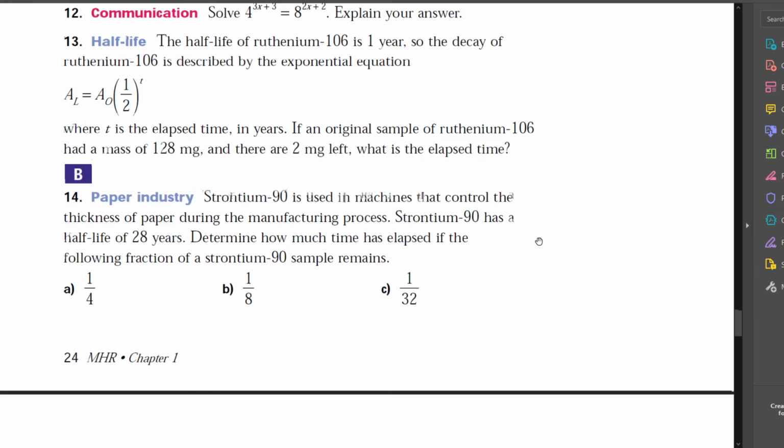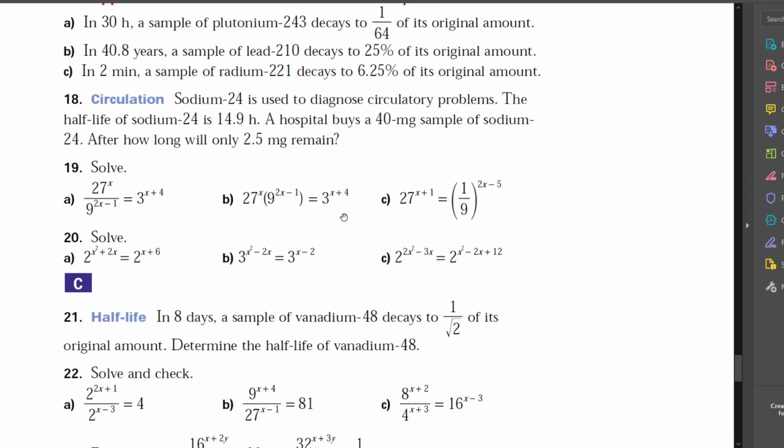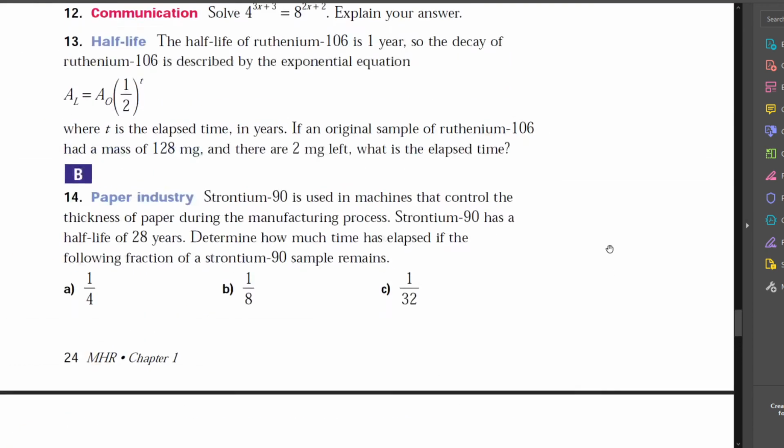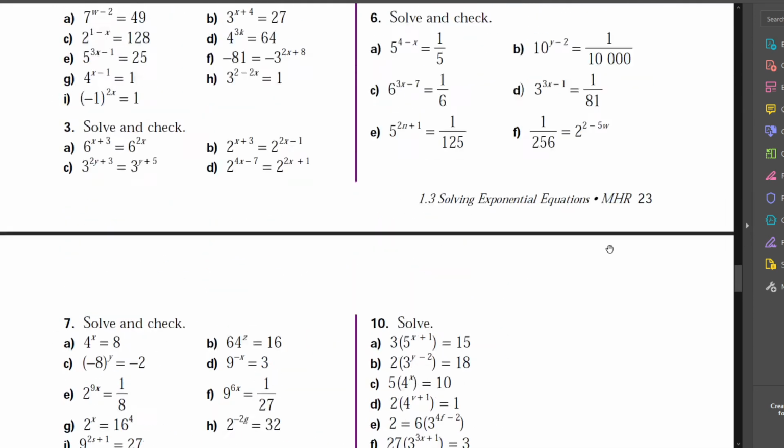And there's some questions down here in number 19 that are much more challenging, so if anybody wants to attempt those as well. So I will be posting, sorry, I've got the hiccups here, these questions online.